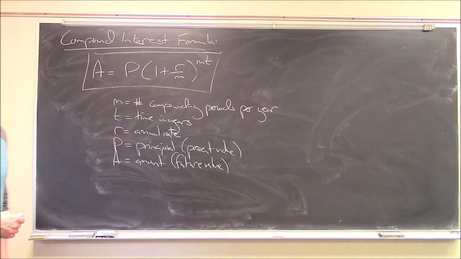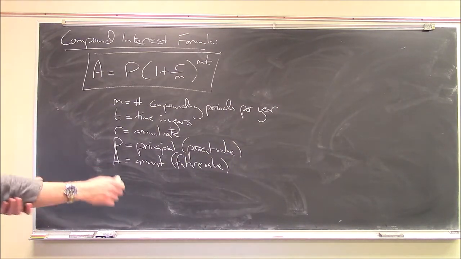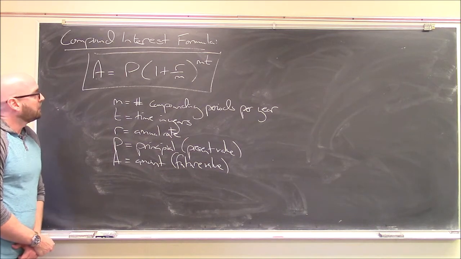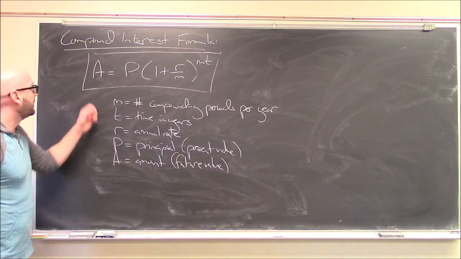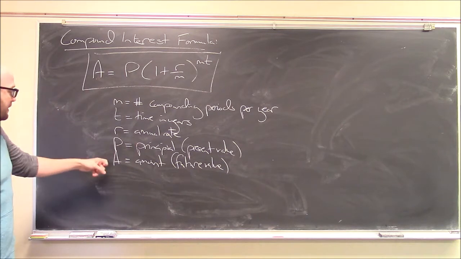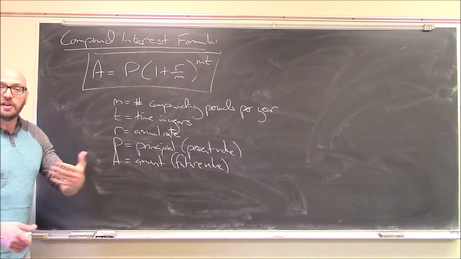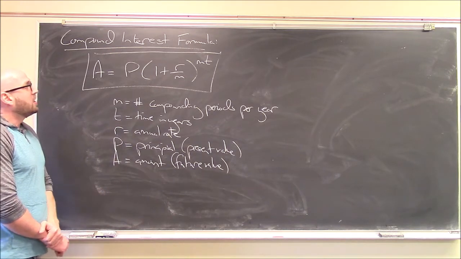So here's our formula. Our formula for compound interest has a whole bunch of the variables you're used to seeing except for one, m. The compound interest formula is A, the future amount, A is the future value, is equal to P, the principal, the present value, times 1 plus r over m.